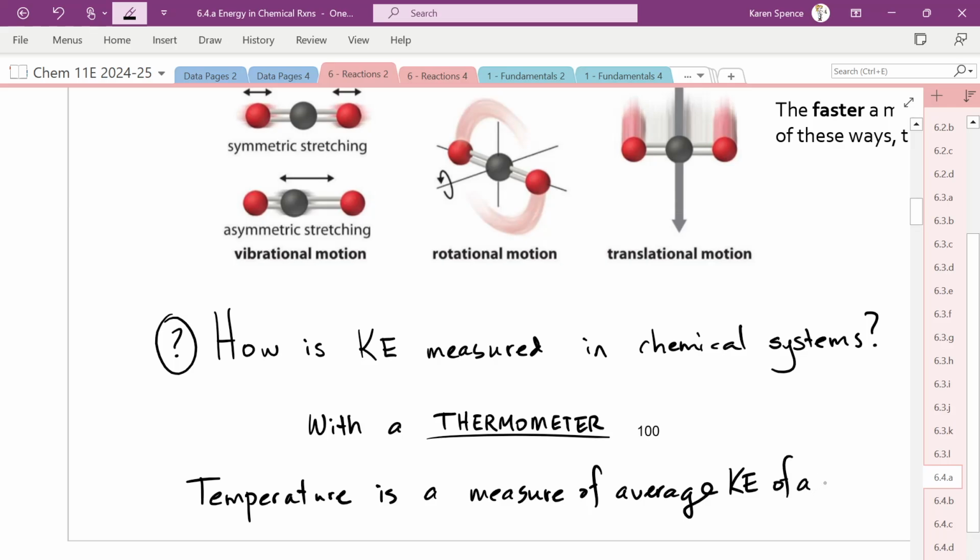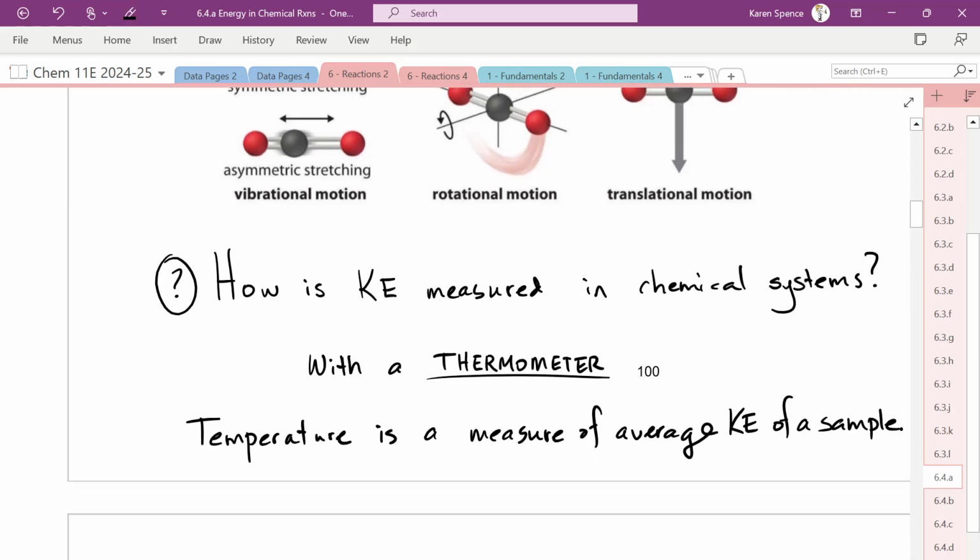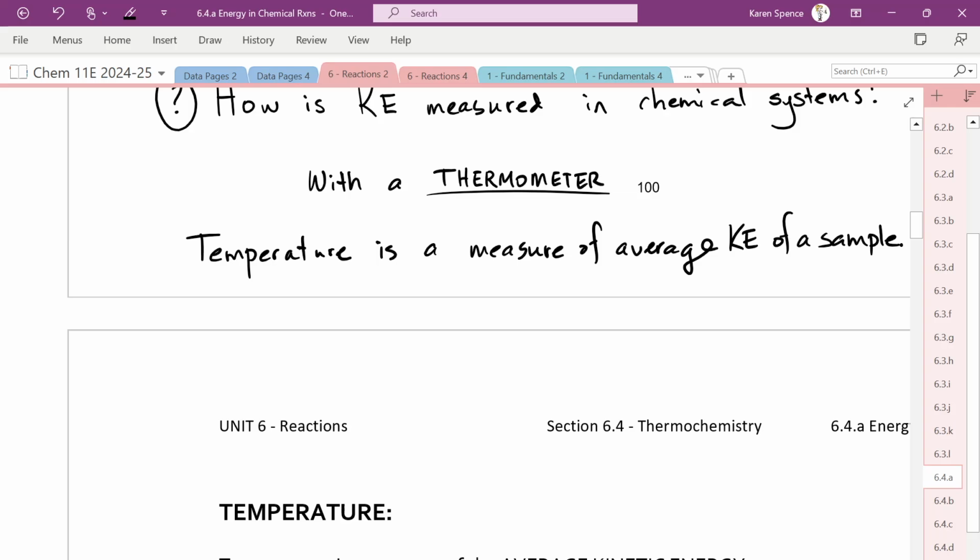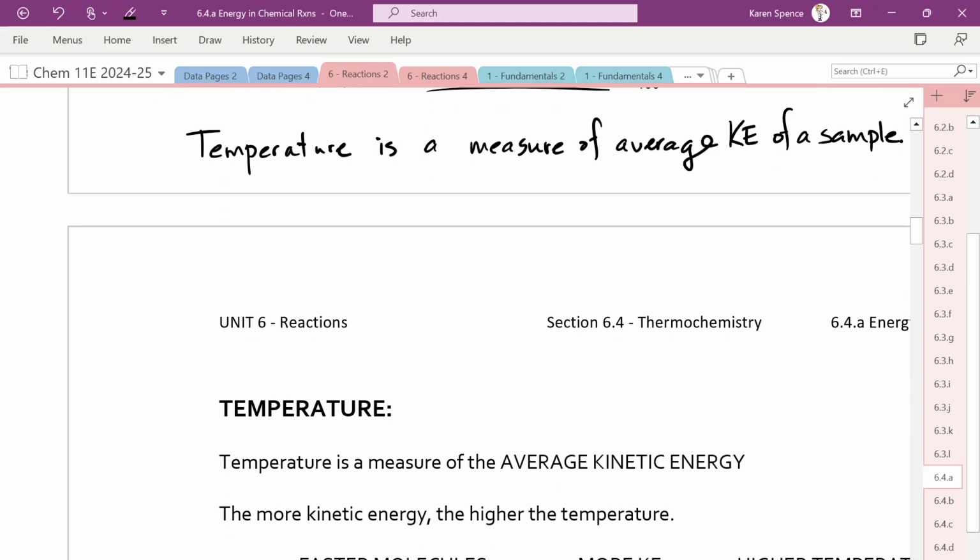I'll call it a sample, okay? Doesn't matter. You're not going to have to define it. You just need to know it, okay?